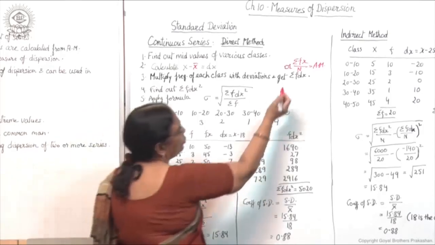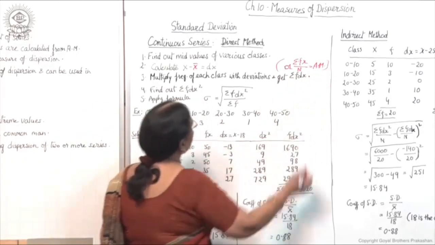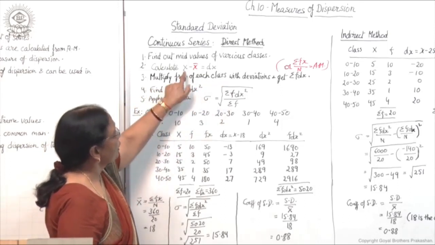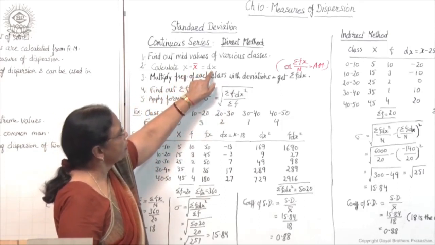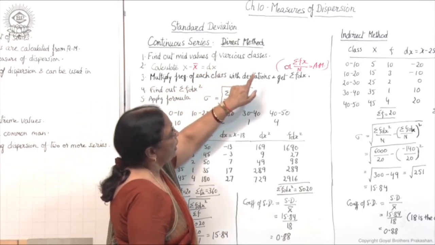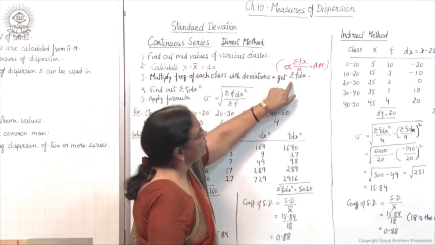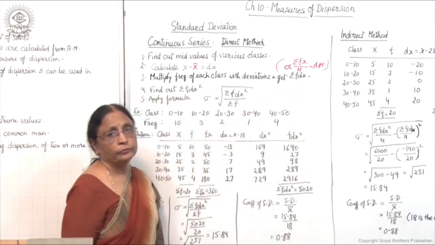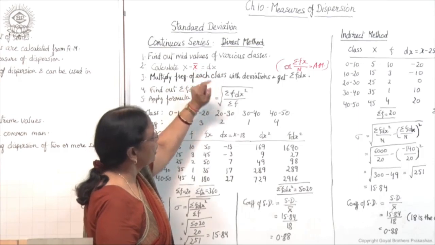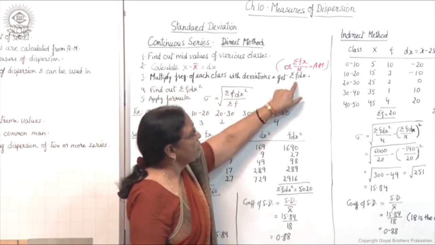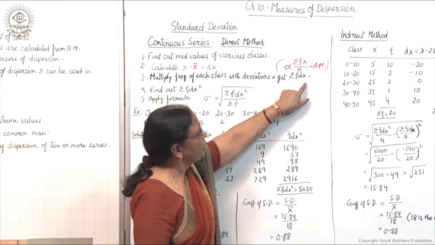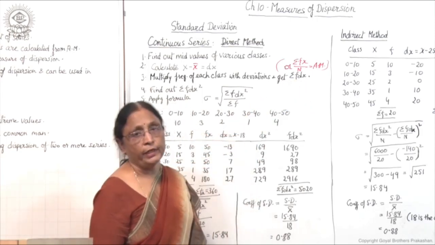This is through the actual arithmetic mean. Multiply these deviations, dx, with frequency and do the total to get sigma fdx. Dx is this x minus x bar, multiplied with frequency it becomes fdx. When you do the total of this, you get sigma fdx.